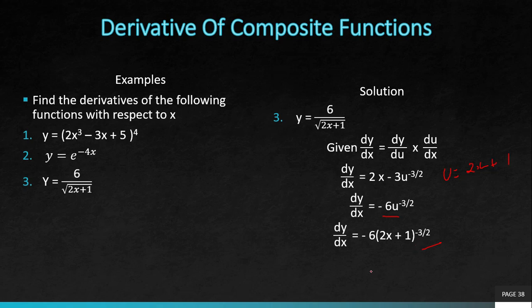Good. And we can write this as minus 6 over 1 times 1 over 2x plus 1, everything raised to the power of 3 over 2. Is that okay?